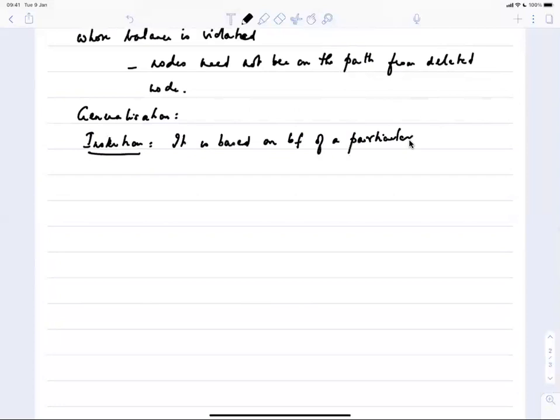So in insertion, we see this. A node A is, let's say, connected to a node B, which has left and right children, left and right subtrees.